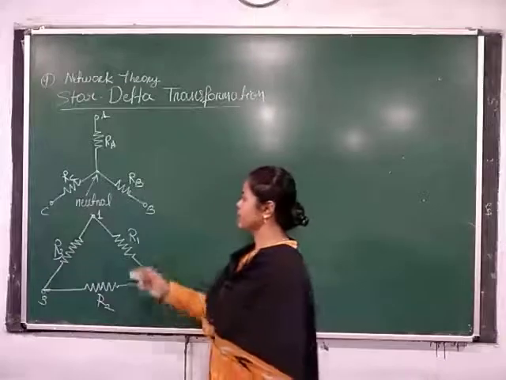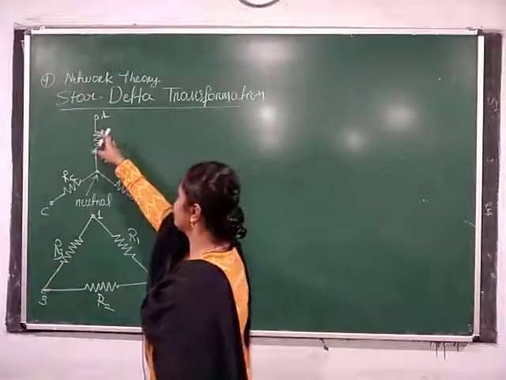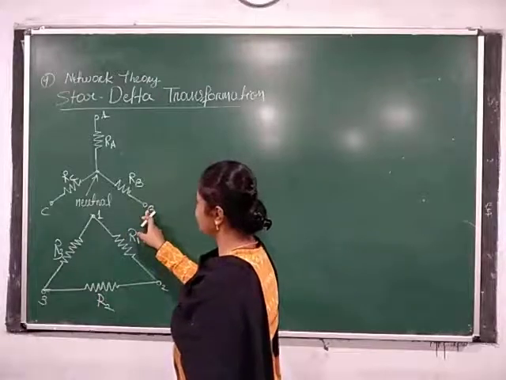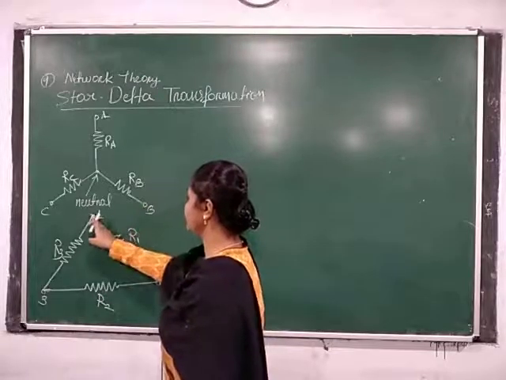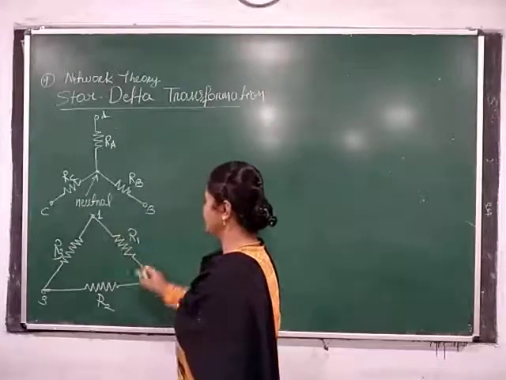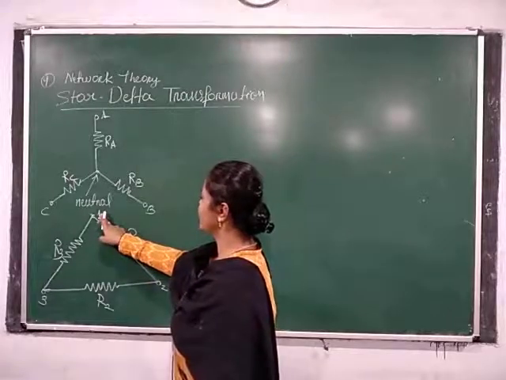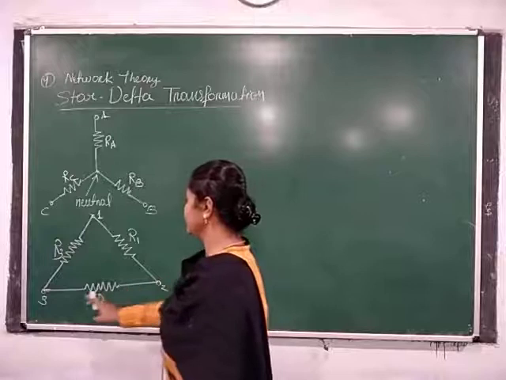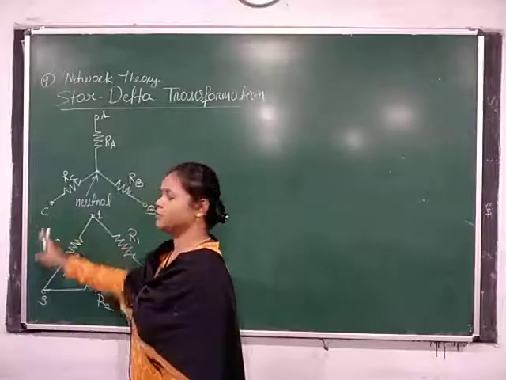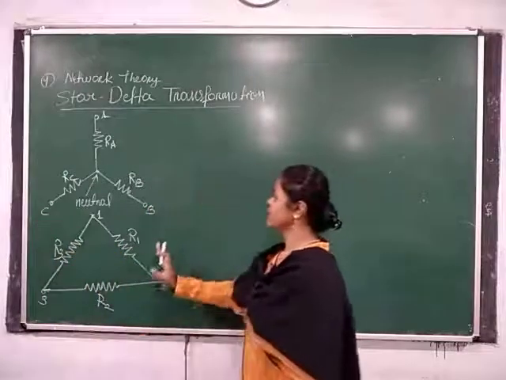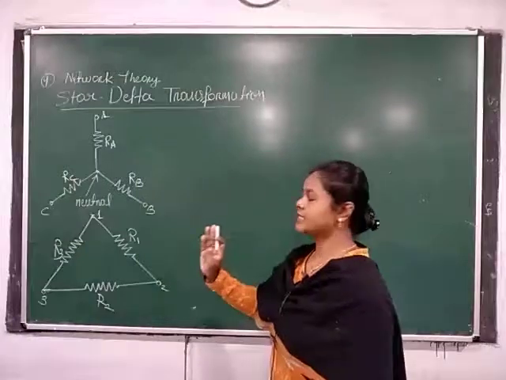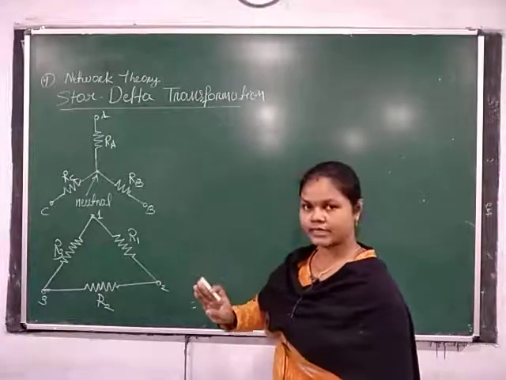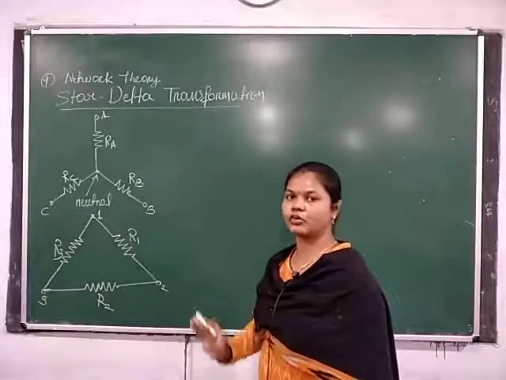It means the resistance between A and B is the same as the resistance between 1 and 2. Point 1 is equivalent to point A, point 2 is equivalent to point B, point 3 is equivalent to point C. So the equivalent resistance between any two terminals connected in star or delta is equal.